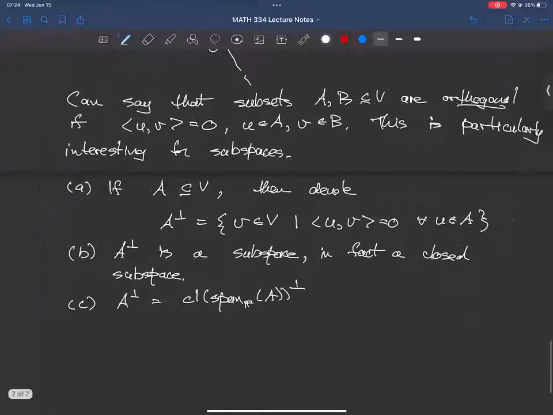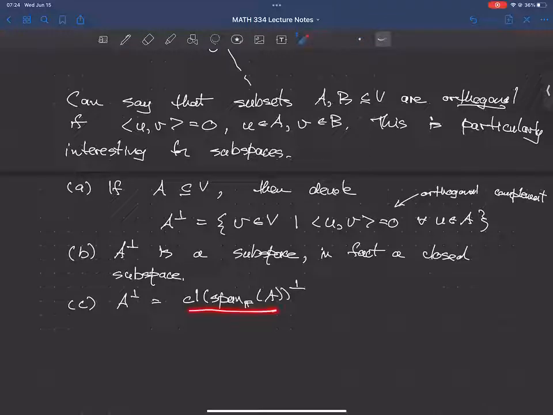So I think I didn't define the terminology here. This thing is what's called the orthogonal complement of A. Okay, and so the orthogonal complement of A is the same thing as the orthogonal complement of something which is potentially quite a lot larger than A, namely the closure of the subspace generated by A.